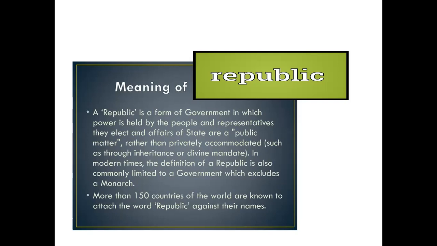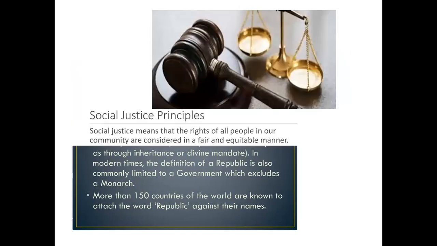There will be no inheritance or monarch. The people will elect their leader, and they will have their own constitution. This kind of country is known as a republic, and it is an important point that all over the world, more than 150 countries are republics now.